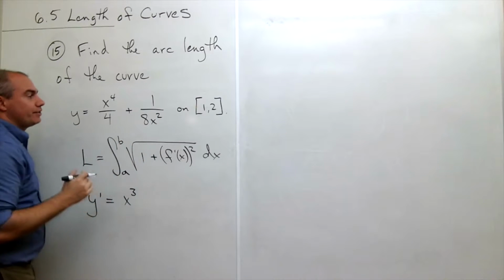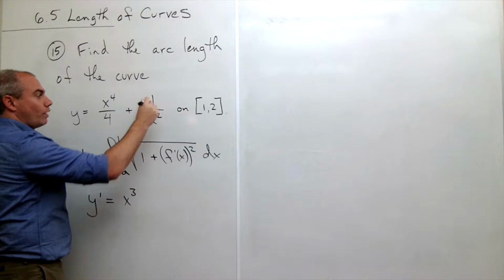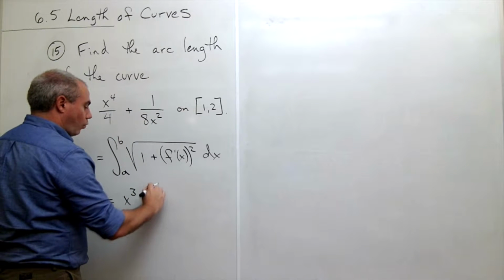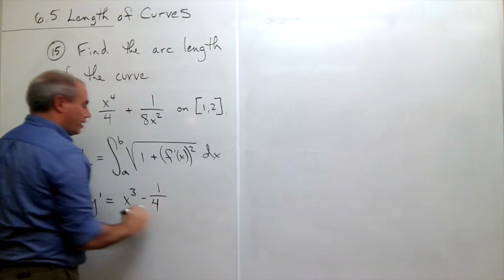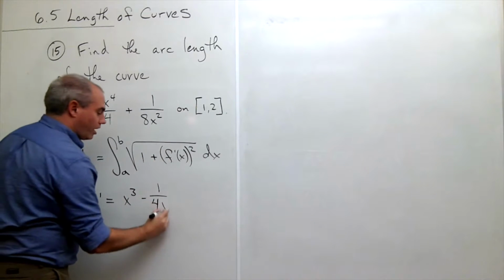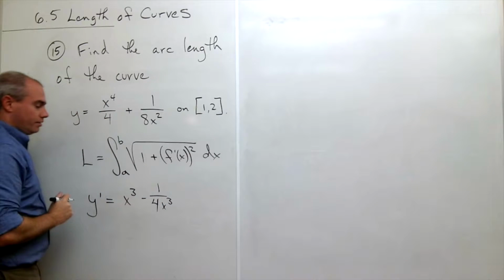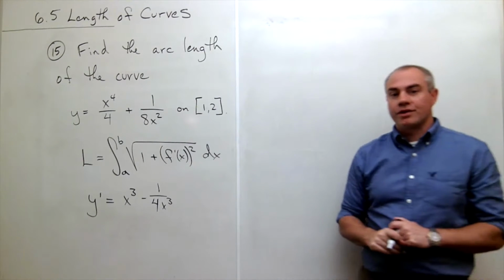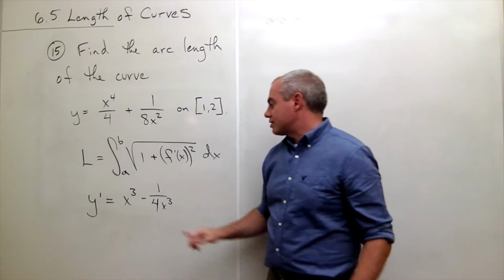If I take the derivative, the power goes down 1. So I bring down the negative 2, and I get negative 1 over 4, and then x to the negative 3, which on the bottom is x cubed. So I get x cubed minus 1 over 4x cubed.